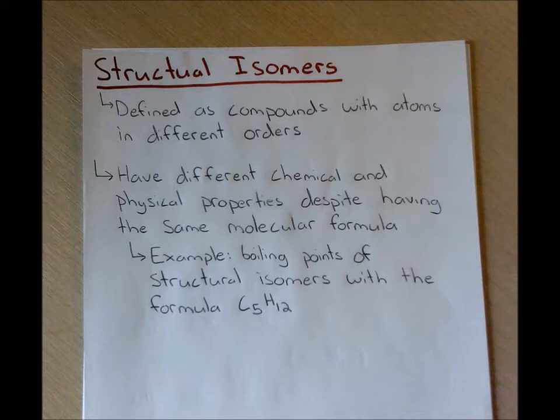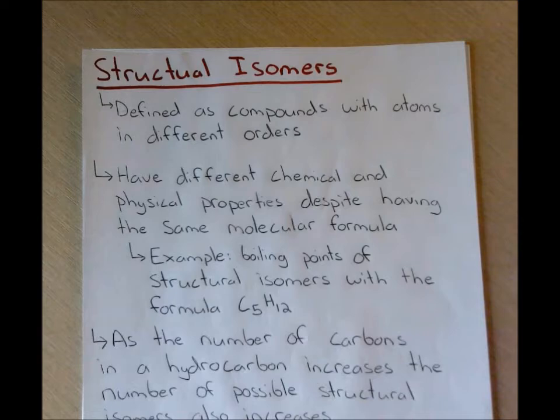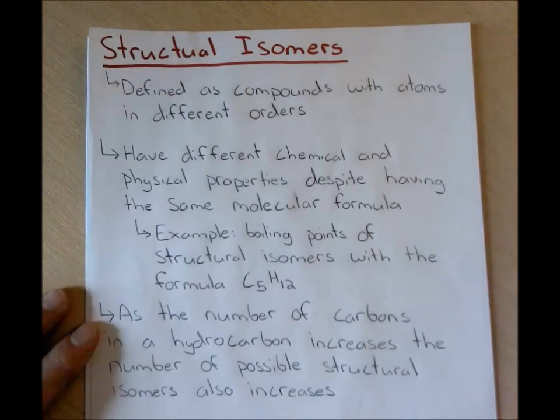Now, one thing to note here is this. As the number of carbons in a hydrocarbon increases, the number of possible structural isomers also increases. So again, this is kind of a common sense thing.